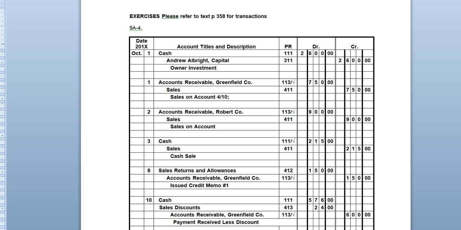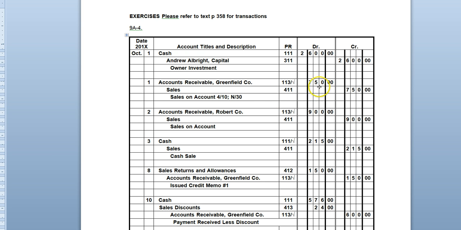Net means the whole amount. All of the sales in this problem have those terms, which simply means that if the customer pays us within 10 days of the invoice date, the customer can take advantage of a sales discount, in order to encourage early payment.